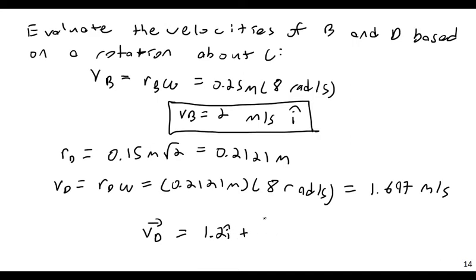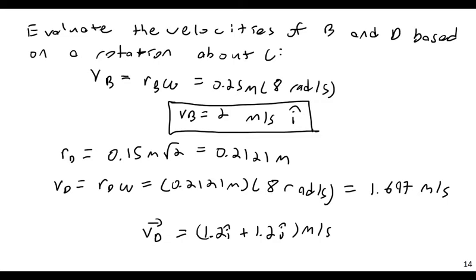The two components will be equal in magnitude because it is at a 45-degree angle. All right, and that is the basic principle for applying the instantaneous center of velocity.